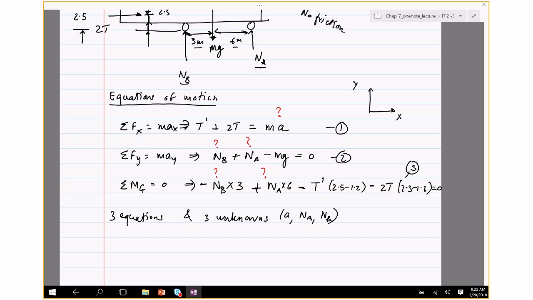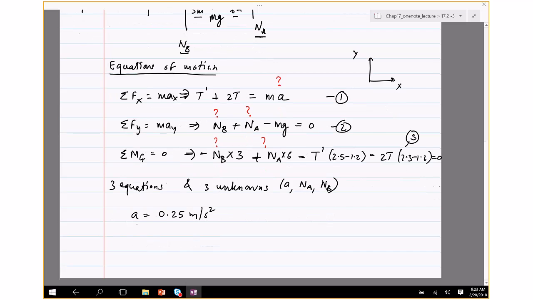The acceleration is 0.25 meters per second squared. NA equals 73.38 kilonewtons, and NB is 142.44 kilonewtons.